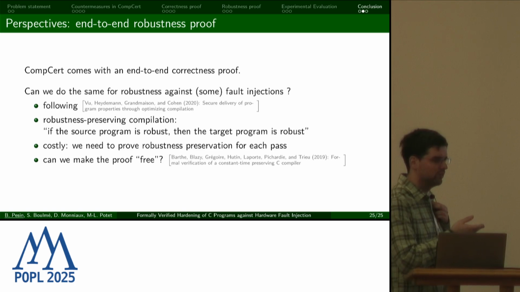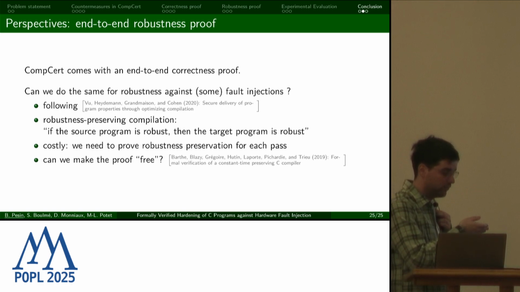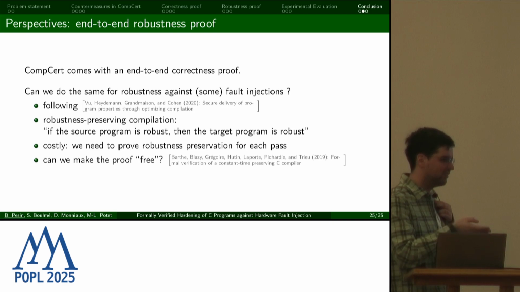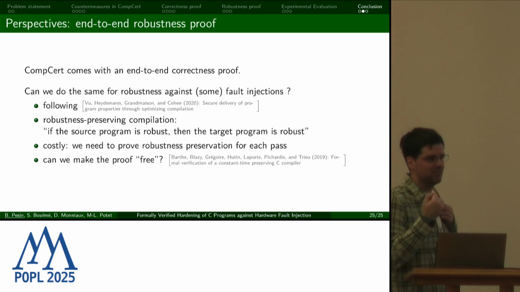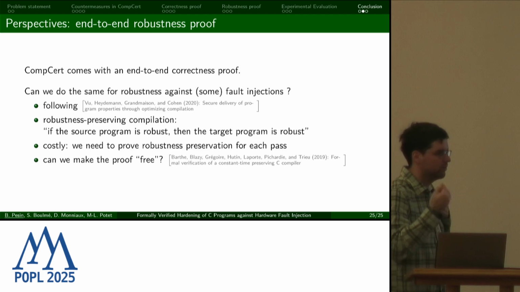And they use that to say transformation passes preserve the trace, including the leaks, or remove some leaks. This means the compilation is leak preserving, so it's constant time preserving, essentially. It doesn't add any new leaks.